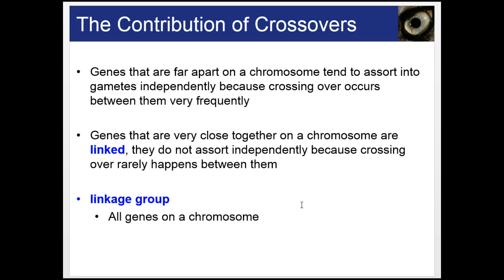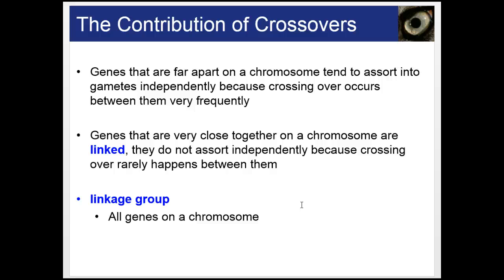Mendel was actually lucky because he chose traits on pea plants that are actually genes that are far apart on chromosomes. And when genes are far apart on chromosomes, they do tend to assort independently. It talks about crossing over here when gametes are being made, and let's say at the metaphase plate, your two number ones line up together, the one from mom and the one from dad.